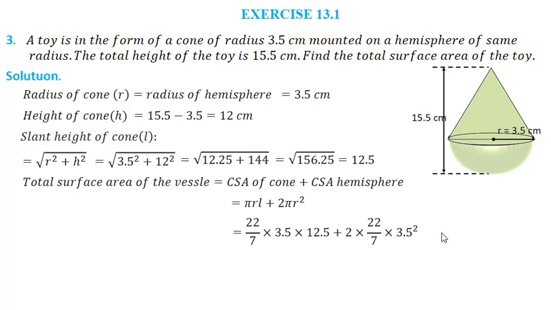I could have taken pi r common and then put the values. Now 7 5s are 35, so I will get 0.5 answer here, and after multiplication what I will get, 22 into 6.25, that is 0.5 multiplied by 12.5. I have to take half of this 12.5 plus 2 times. Now again 7 cancels 3.5, 0.5 I will get. So 2 into 22 into 0.5 into 3.5. Now this 2 into 0.5 is 1.